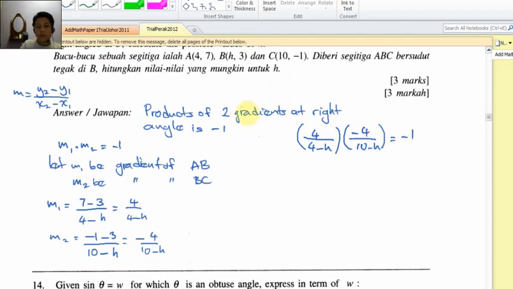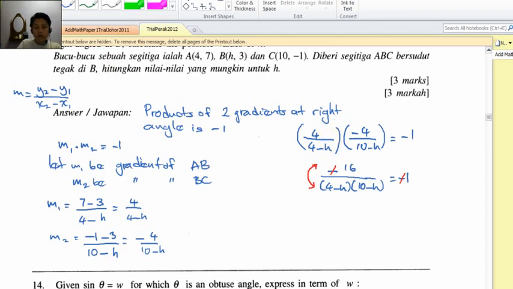So this is minus 16 over (4 minus h)(10 minus h), equal to minus 1. So we can get rid of the minus sign on both sides of the equation.